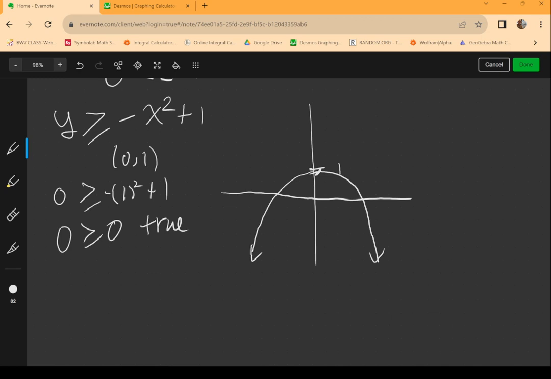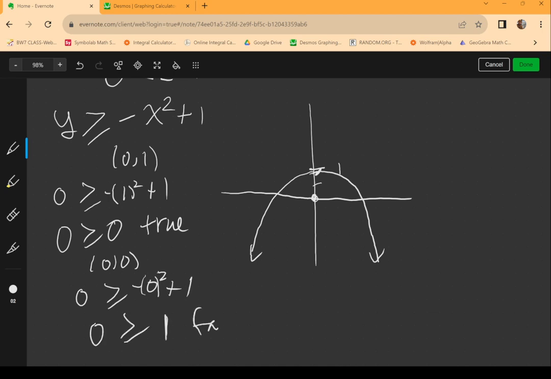All right, so now, again, the question is, which part do I shade in? Do I shade in the part that is above the parabola or below it? So again, let's pick a point clearly in one of those sets. In this case, 0, 0. And we get 0 greater than or equal to 0 squared plus 1, so 0 greater than or equal to 1.